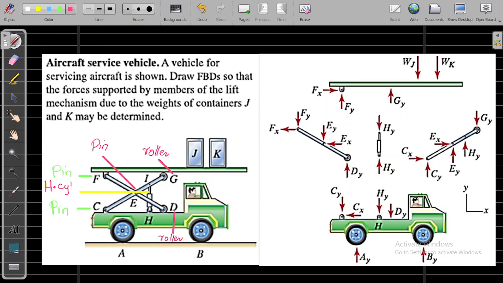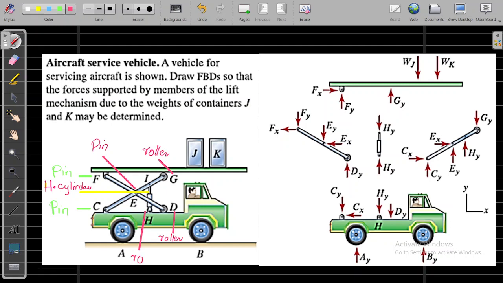This is your hydraulic cylinder. Okay, and also to make it clearer, at the end point just below this hydraulic cylinder at joint H, if you look at it, they have placed a rocker.